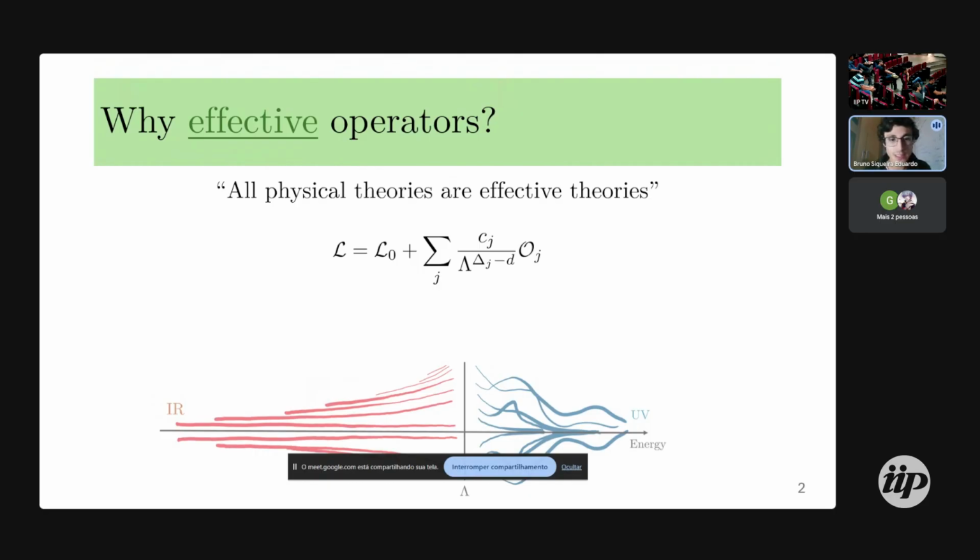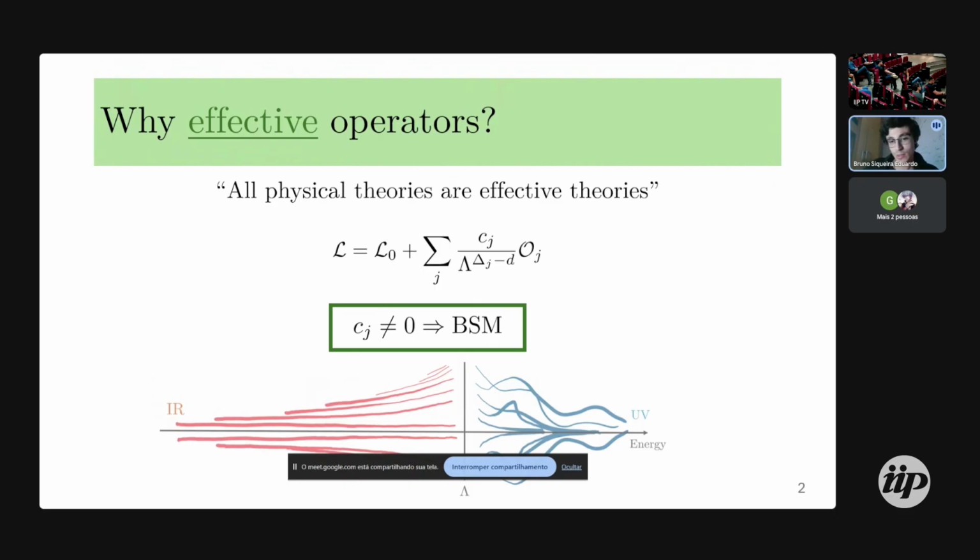Your main part of the Lagrangian density is composed of terms up to mass dimension 4. If we start including higher dimensional operators with dimensionless coefficients, which are those c_j here, we can parameterize our ignorance by trying to find deviations from zero. If we measure something that points to those coefficients of the higher dimensional operators being different from zero, it will be a clear sign of new physics.